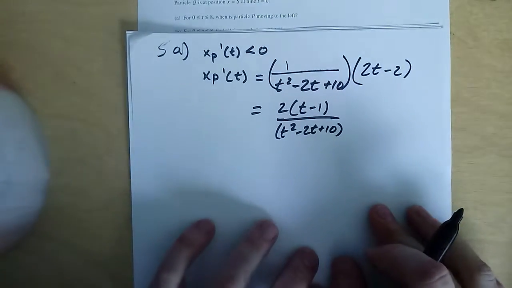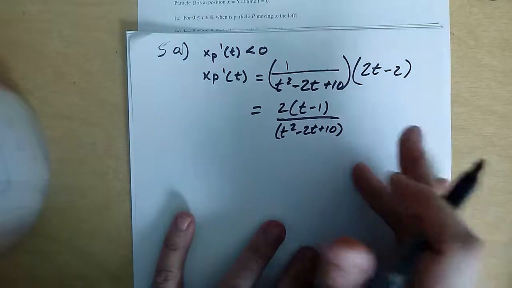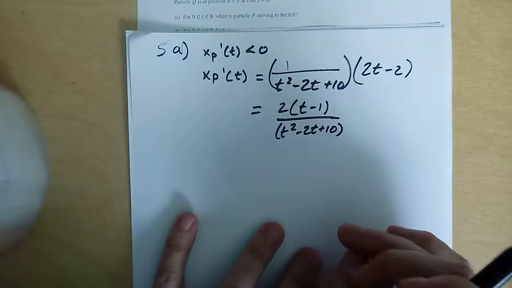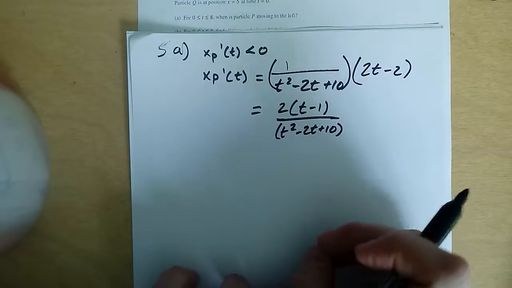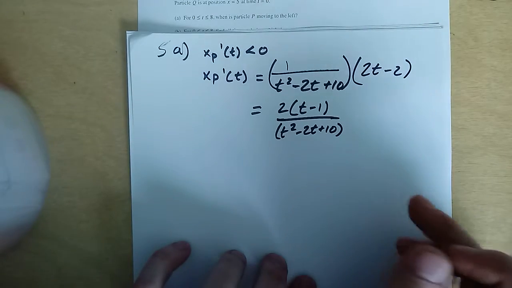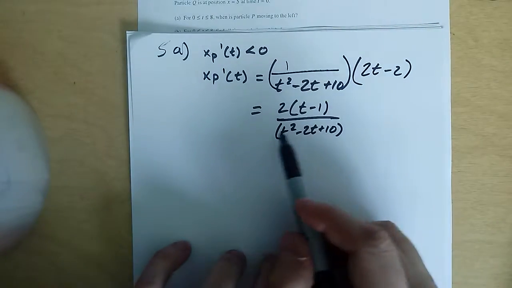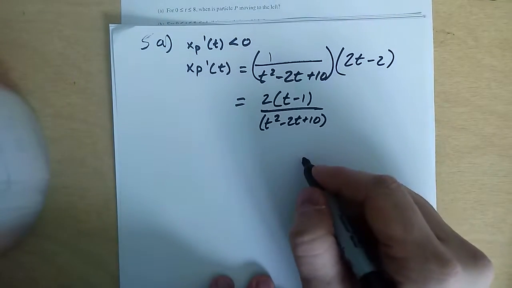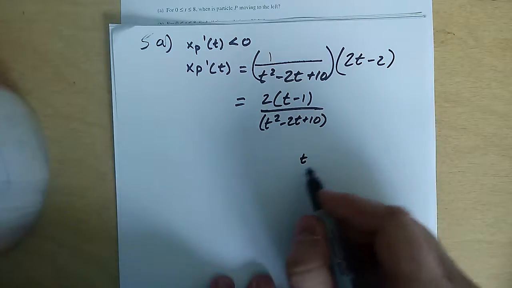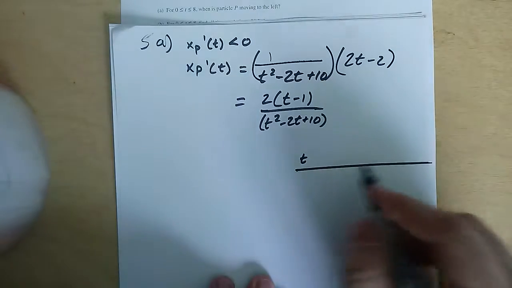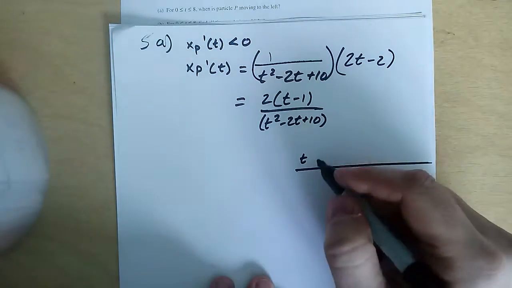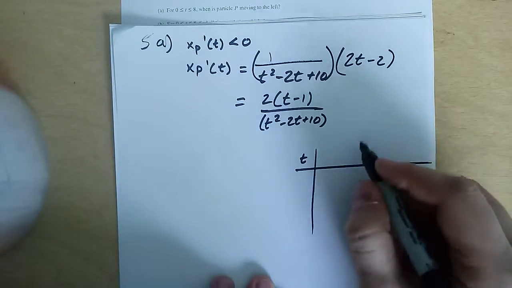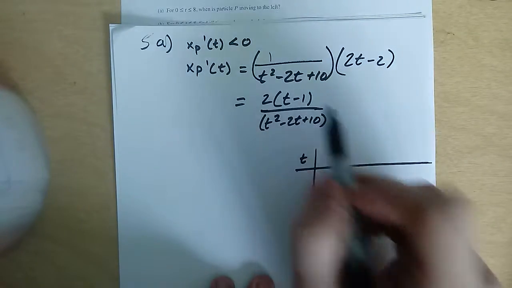I want to find out when this is less than 0, so I'm going to look for any zeros and any undefineds. When t equals 1, we have a 0 for the whole thing.